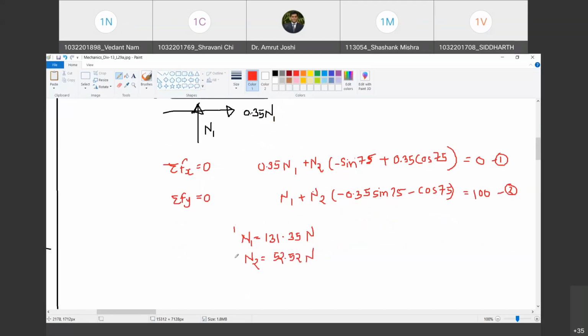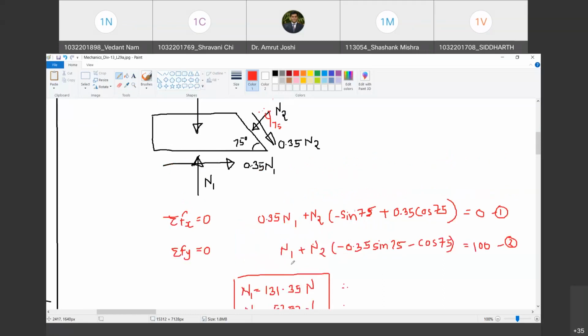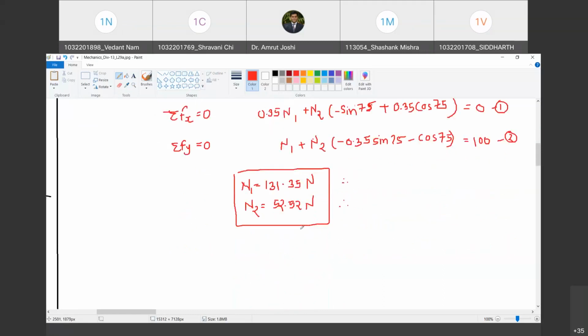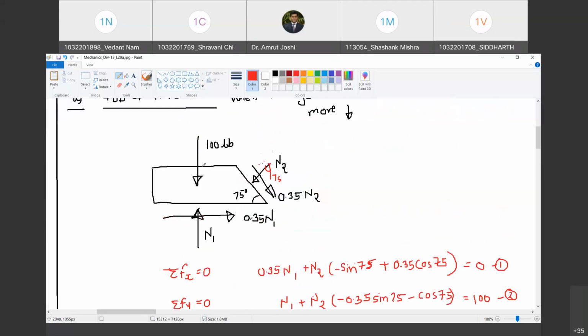So these are the values, both are positive. That means their original senses are correct. Now I will skip that step. You have now matured in the course that you will understand the meaning of the positive sign. So N1 is 131.35 Newton and N2 is 52.52 Newton. We have calculated both these values.